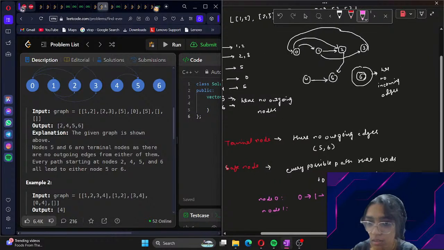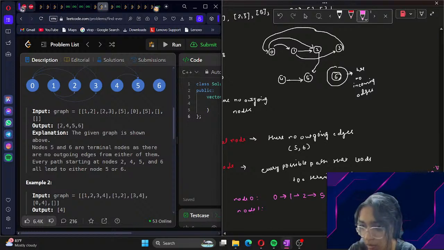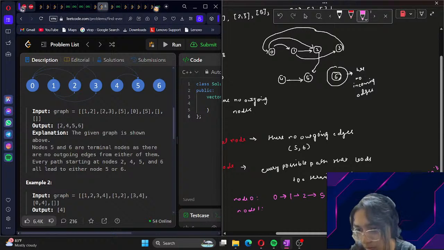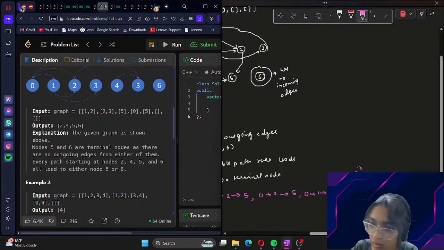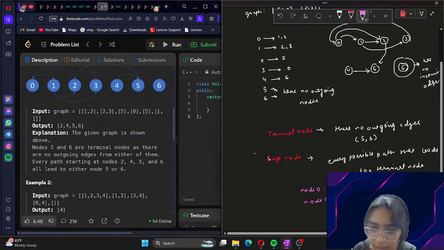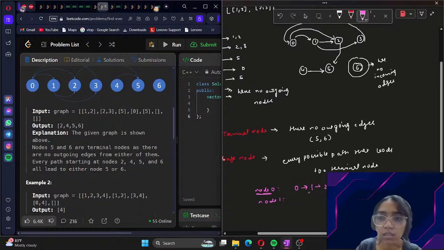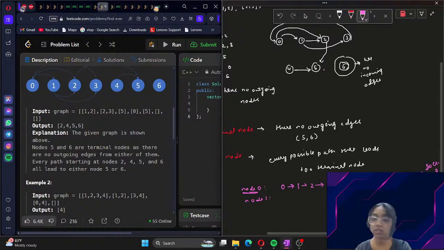but here I guess 0 to 1, 1 to 3 doesn't lead to a terminal node. So maybe we can't consider this as a safe node, because they said all the paths going from that particular node are supposed to reach the terminal node.